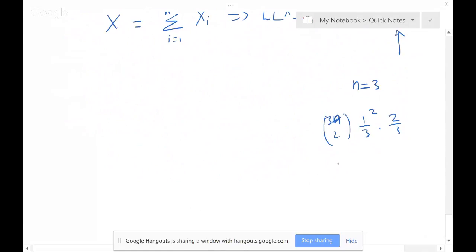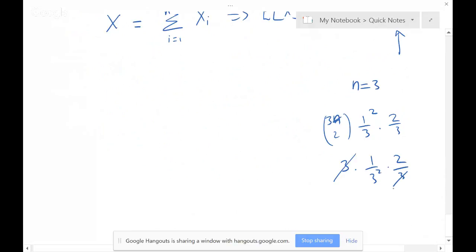So if you work this out, here in this case n is 3. If my math is not completely way off, sorry, this is going to be 3 times (1/3) squared times 2/3.